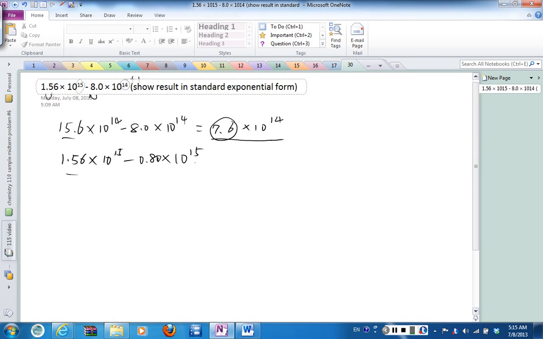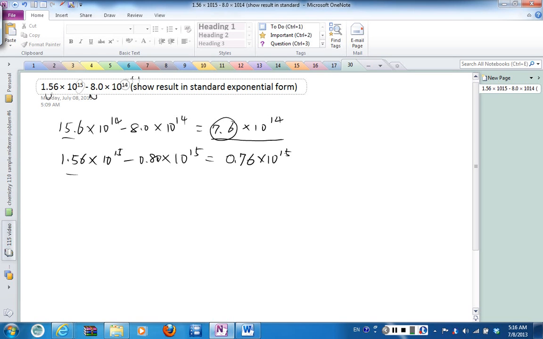So 1.56 minus 0.80, and again, doing subtraction, we follow the decimal place rule. Both of them have 2 decimal places this time, so our answer is going to have 2 decimal places, and it's 0.76 times 10 to the 15th power.